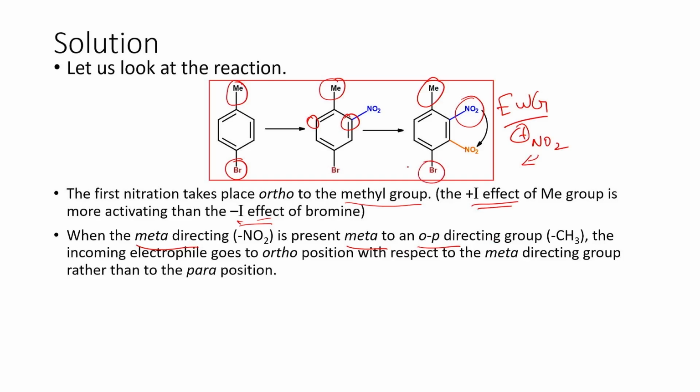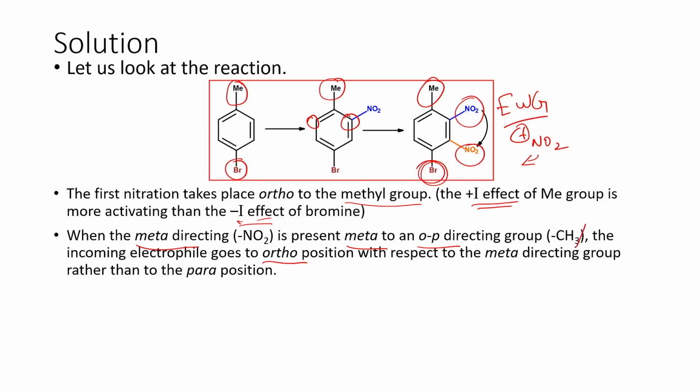Bromine is also ortho para directing in nature. So when the first nitro group is present, it is present meta to this particular ortho para directing group. In that case, the incoming electrophile goes ortho with respect to the nitro group.